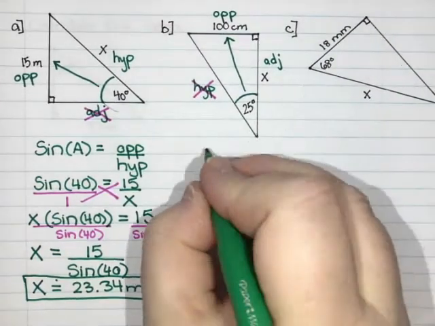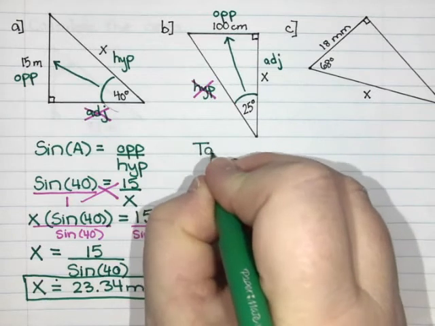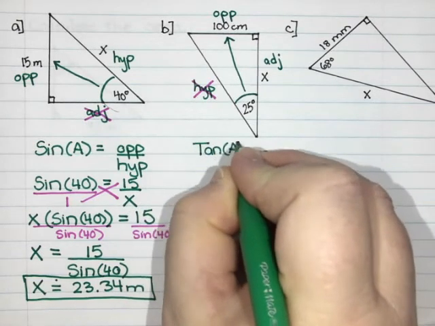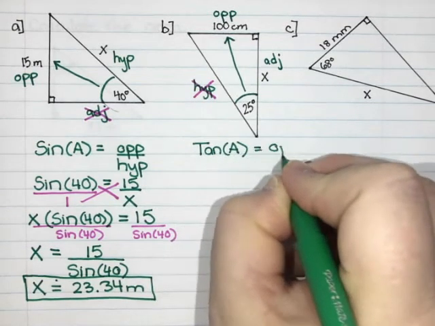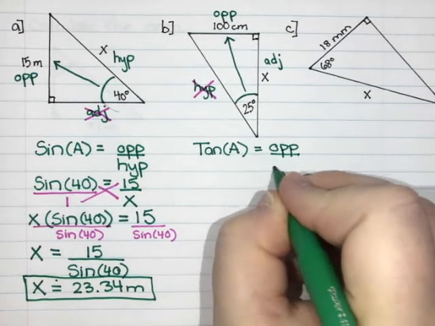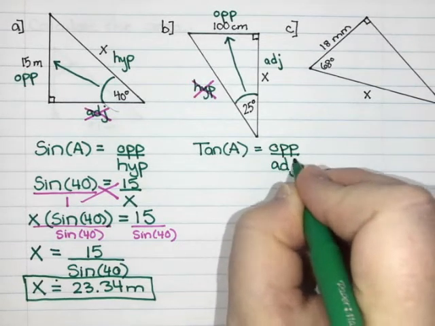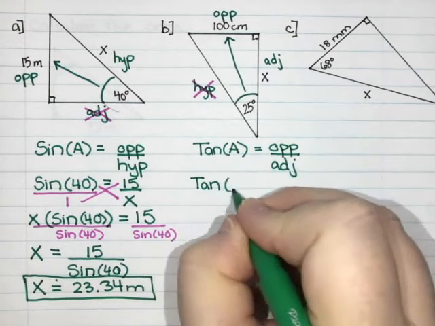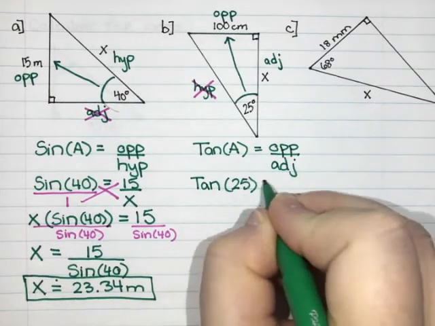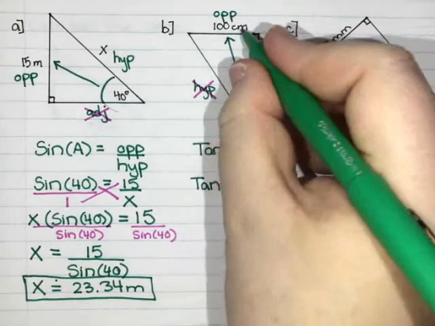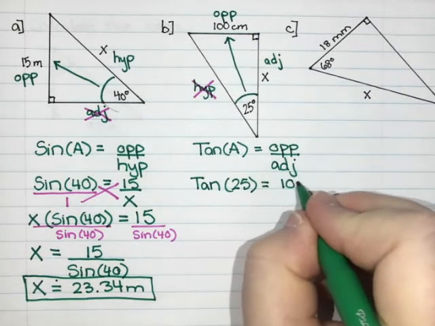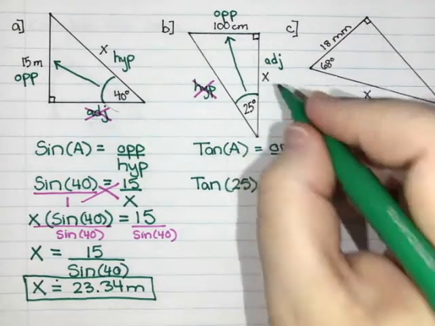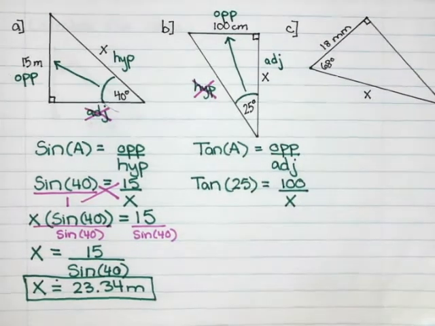So I'm going to write tan of A is opposite over adjacent. So tan of A is my angle, so 25 degrees, is opposite 100 divided by the adjacent, which is x.